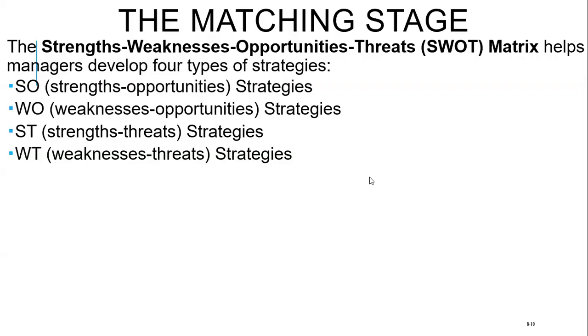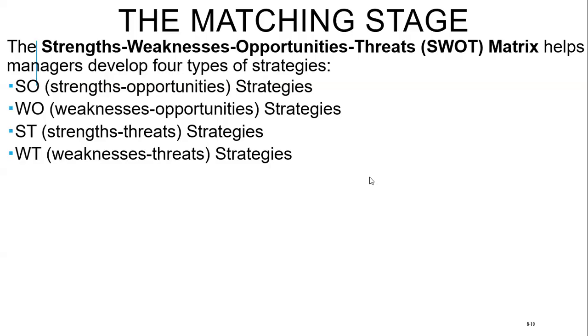The first one to be considered is the SWOT matrix, also known as the Strength, Weakness, Opportunity, Threats matrix. And this is one of the sought-after matrices because of its simplicity and the ease with which you are able to understand it.